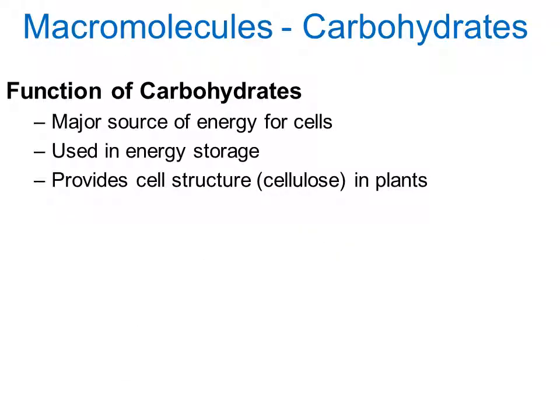So what are the functions of carbohydrates? They are our main energy source. They also are involved in energy storage. So if you take in more energy than you need, the excess energy will be stored in your cells. They also, for plants, are involved in forming their cellular structure and things such as cellulose.